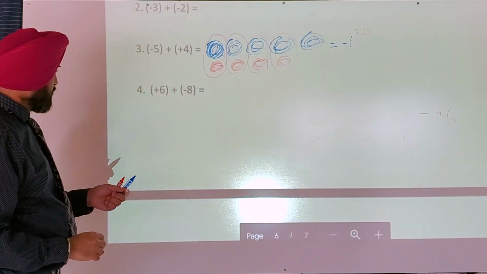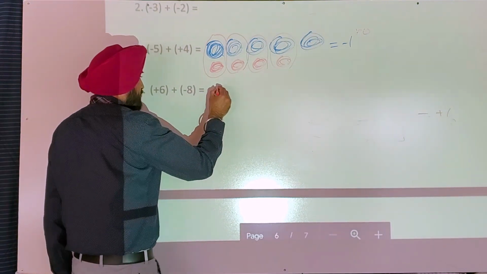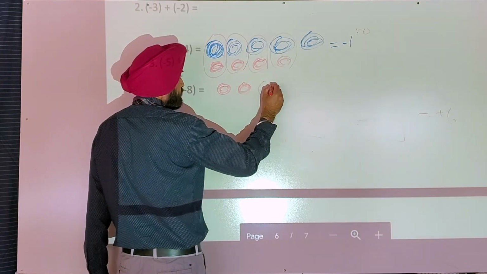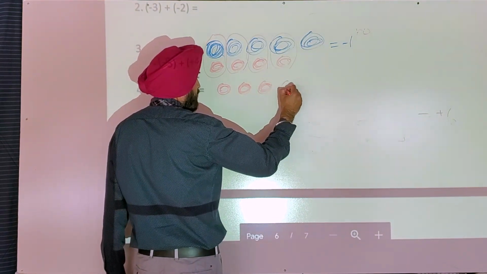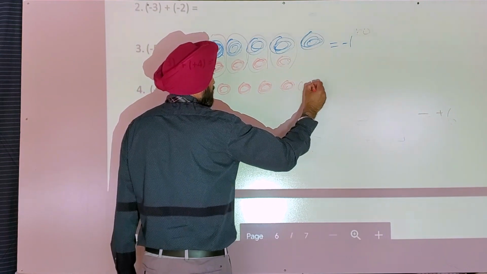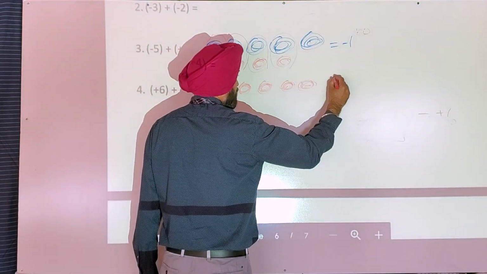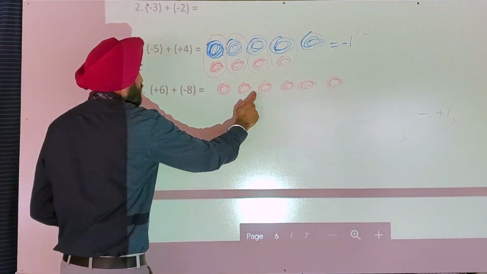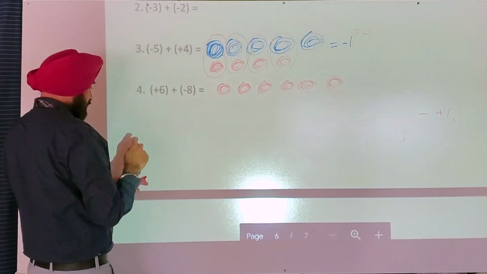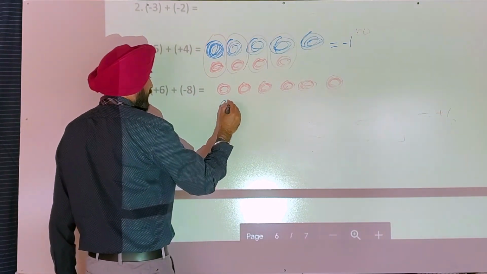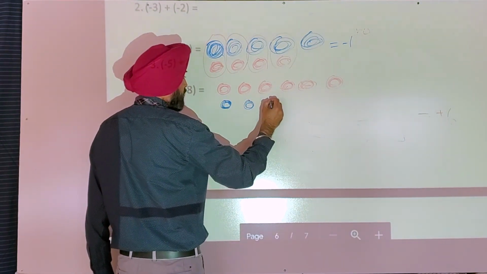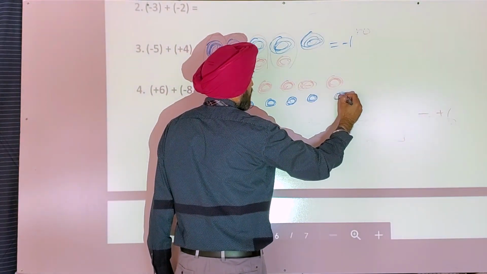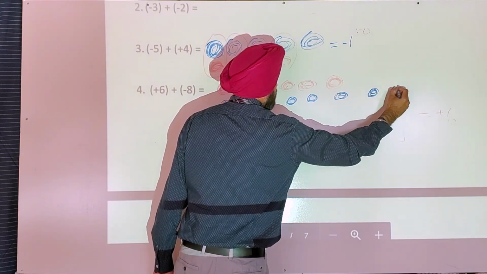Next is positive 6 and negative 8. So put first positive 6, 6 red chips. 1, 2, 3, 4, 5, 6 positive, and then we need negative 8. So blue chips, 8 blue chips. 1, 2, 3, 4, 5, 6, 7, 8.